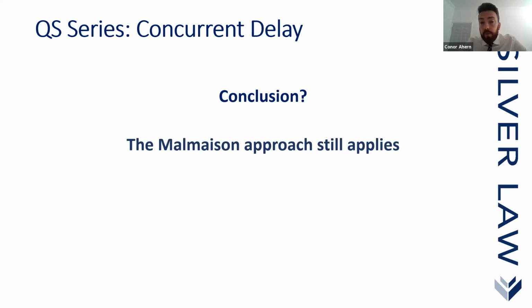But that's all been dealt with, and as things stand at the moment, where you have concurrent delay and one of the delays is an employer risk, which is listed as a relevant event, or compensation event if you're dealing with NEC, then the contractor will be entitled to his extension of time for the period of that relevant event. So I hope that brings some certainty in relation to how to deal with concurrency.